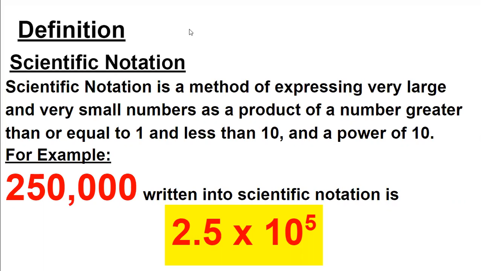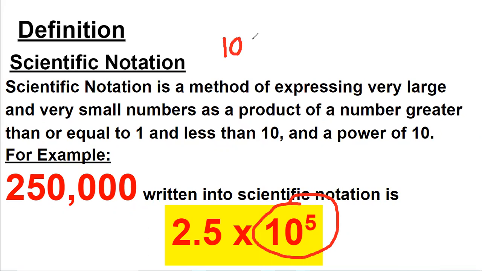So what is 10 to the 5th power? Well, that's 10 times 10. Keep going. How many tens? Right, a total of 5 tens. It's 10 times 10 times 10 times 10 times 10.